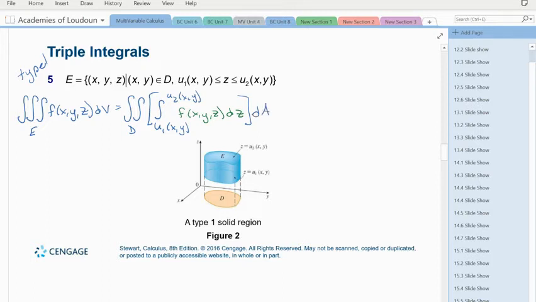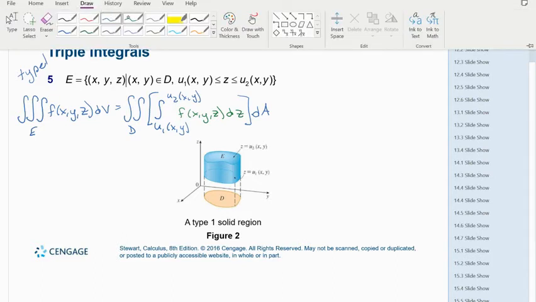The meaning of the inner integral on the right side of equation 6 is that x and y are held fixed, and therefore u sub 1 of x, y and u sub 2 of x, y are regarded as constants, while our function is integrated with respect to z.